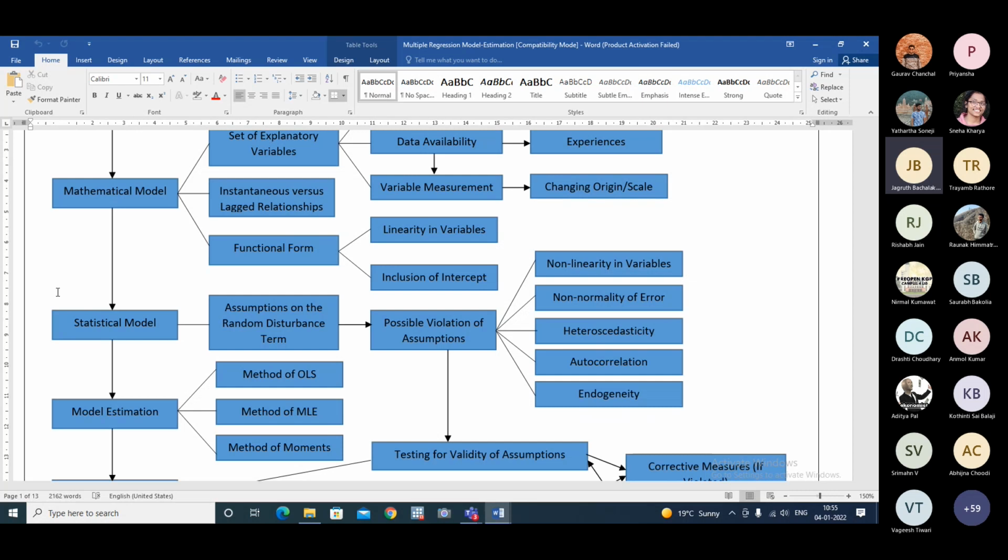We may not be in a position to measure the variables appropriately, and we may commit some errors in the process.